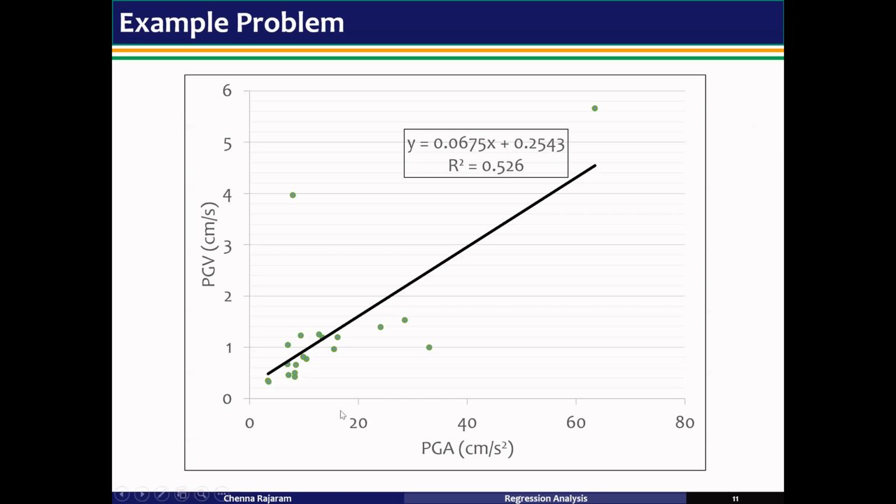This is the graph which is drawn between PGA in centimeter per second square and PGV in centimeter per second. This graph is drawn from Excel. Y is equal to 0.0675x plus 0.2543, where r square is equal to 0.526.